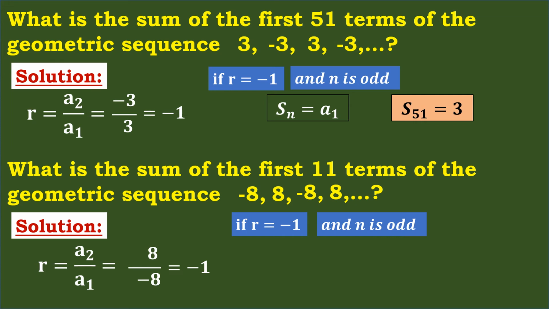Ang sabi doon, kung ano yung first term niya, yun yung sum. Ano yung first term niya? -8. Kaya ang sum niya ay -8. Kasi pag in-add mo yan, -8 plus 8, 0. Plus -8, -8 plus 8, 0. Hanggang maka-11 terms ka, balik-balik ka lang. So, kung ano yung first term mo, babalik ka pa rin sa first term niya. Kaya ang sum ay laging first term niya if the number of terms is an odd number.